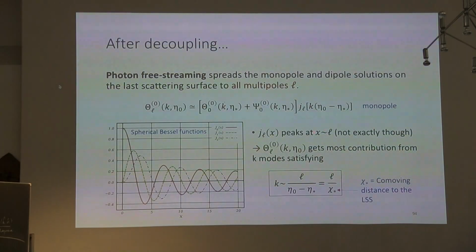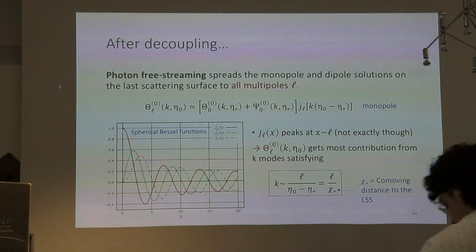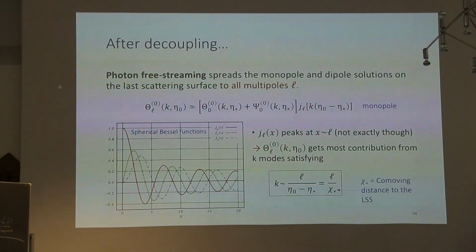So it peaks at x looks like l. The blue line here is for l equals 2. It peaks a little bit later, consistent with this trend where it peaks where the x in the argument is equal to the degree of that spherical Bessel function. It's a bit hard to see for these low multipoles, but in CMB physics you need to go out to l of 1,000, and if you go out to l of 1,000, this relation actually holds pretty well.